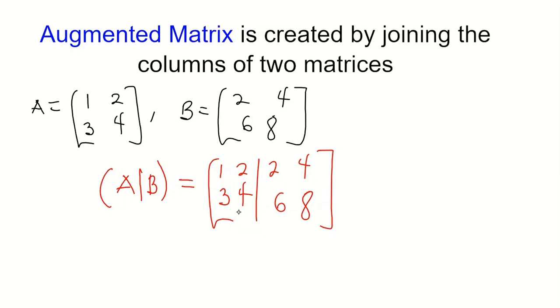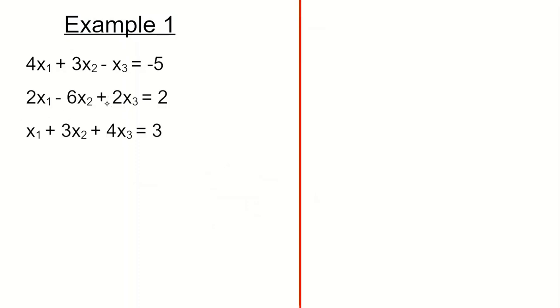Now we are going to apply this idea to augmenting matrices for systems of linear equations, and we are going to take our first example. Our first example is 4x1 plus 3x2 minus x3 equals -5. Let's label this as equation 1.